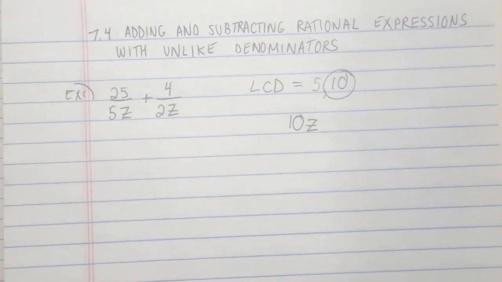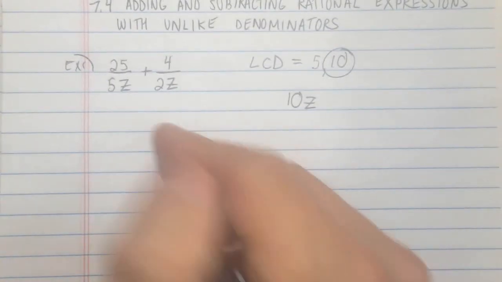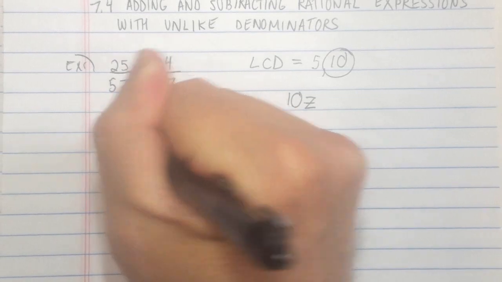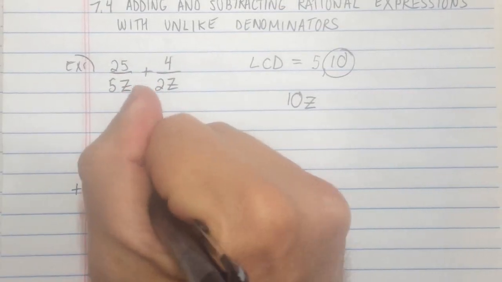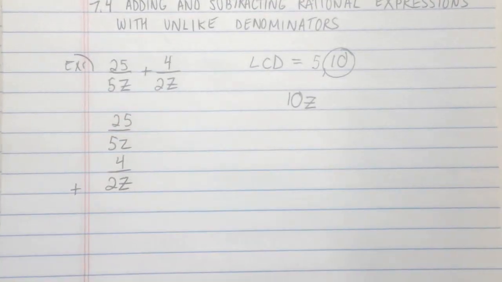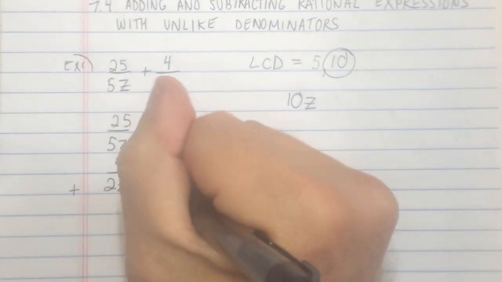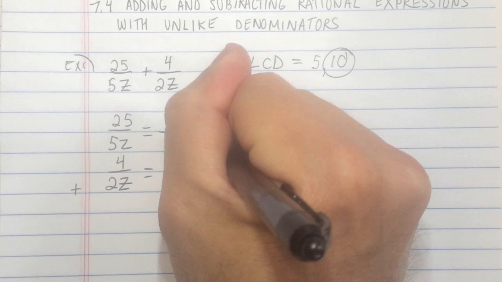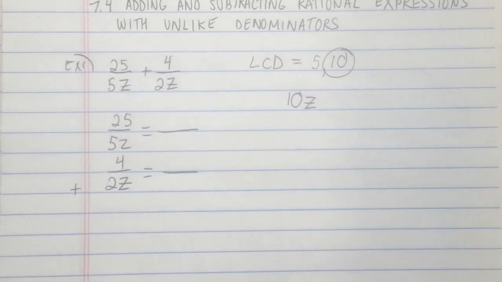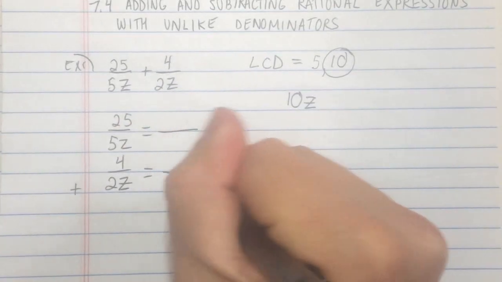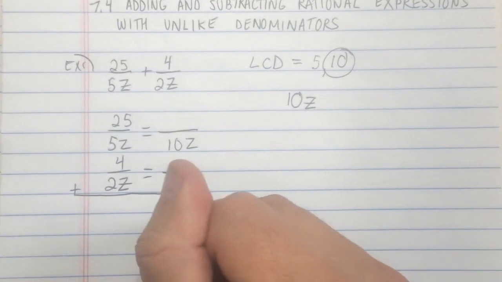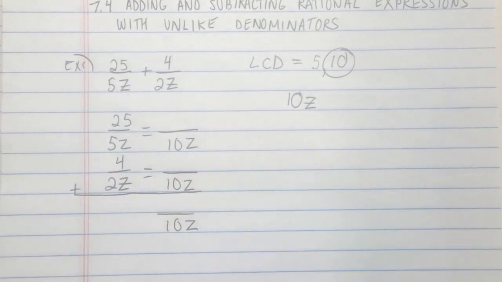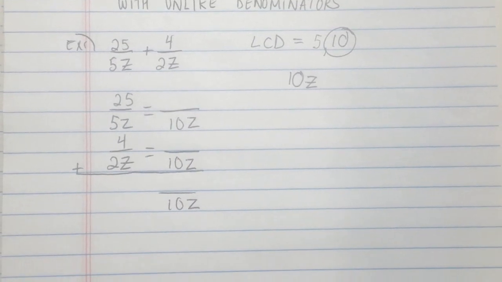So again, like I said, I'm going to solve these vertically. So when I write this problem, I'm going to write it like this. Okay, so vertically. And again, we've already determined what our LCD is. It is 10z. So I write that denominator that we're going to use in all 3 places.